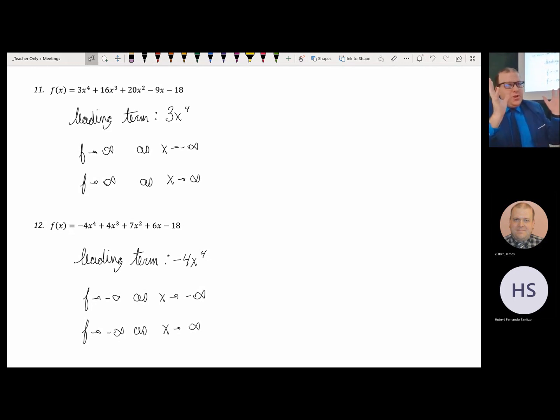Even tells you, in terms of end behavior, parabolic; odd tells you it's going to be S-shaped. For an even negative graph, F goes into negative infinity as x goes into negative infinity, and F goes into negative infinity as x goes into infinity, because even power tells you the function behaves the same way on both ends.